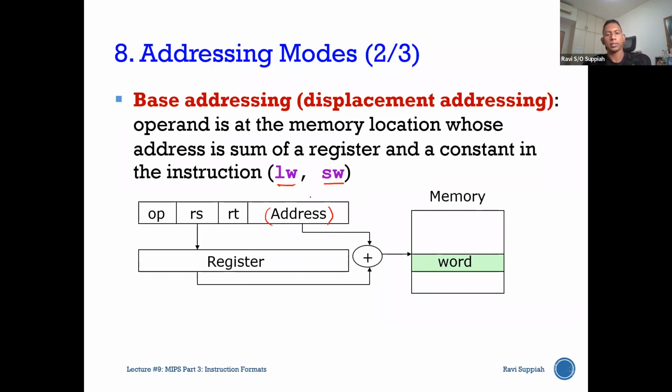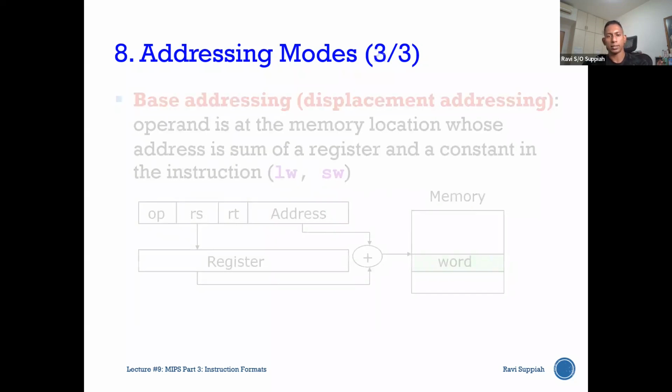The RS register is holding the base address, and the immediate value is the offset. So I add them together to point to some memory location to take the data and put it into the RT register.